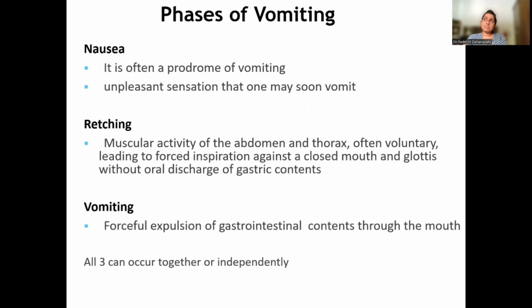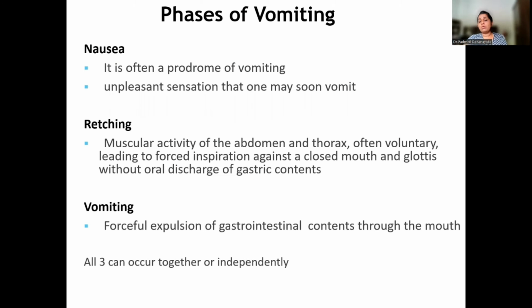Then retching means muscular activity of the abdomen and thorax, which is involuntary, right? So you are having a forced inspiration against a closed mouth and glottis without oral discharge of gastric contents. And then you are going to vomit. That means you are forcefully expelling gastrointestinal contents out of the mouth.